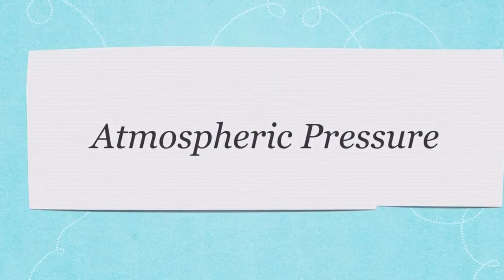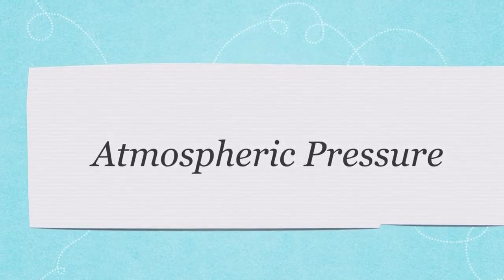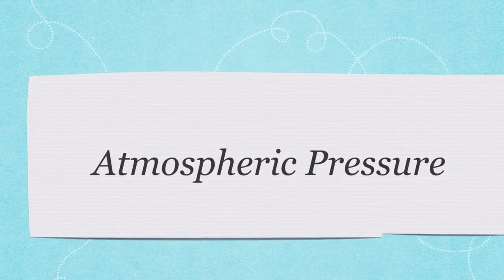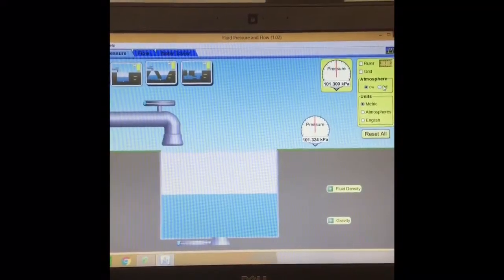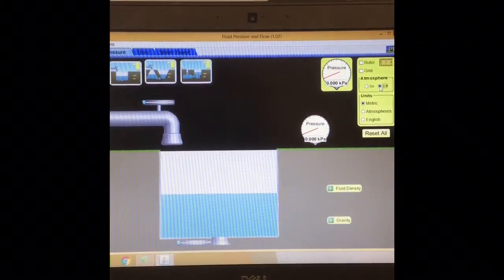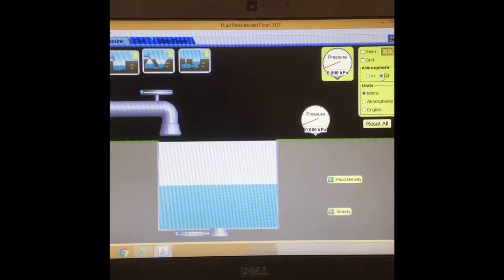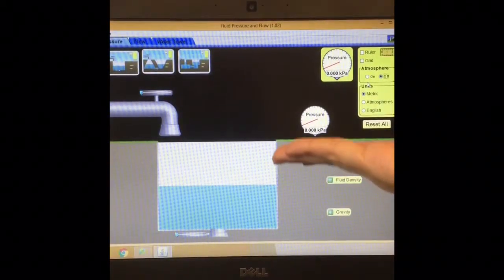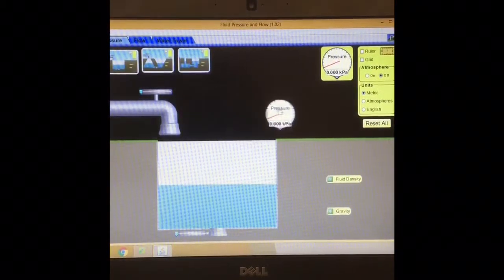Okay. Now we're going to discuss the differences in atmospheric pressure by comparing gauge and absolute pressure. Notice when you turn the atmospheric pressure off, the pressure becomes zero. This is because, as we learned, atmospheric pressure is the pressure a person feels due to the atmosphere weighing down on a person, or in this case, the water.